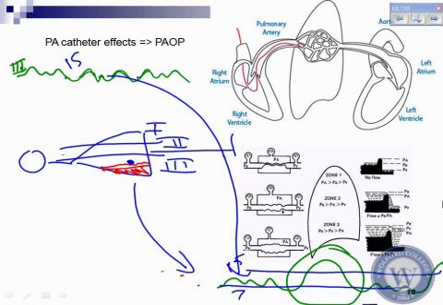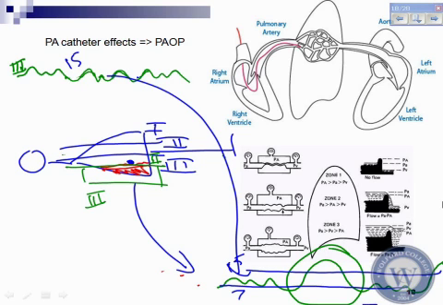So your zone 3 is now actually down here. This is your new zone 3. So you actually have your PA catheter in zone 2, and that's why you see this intermittent ventilation pattern, because the person's bleeding out on you.